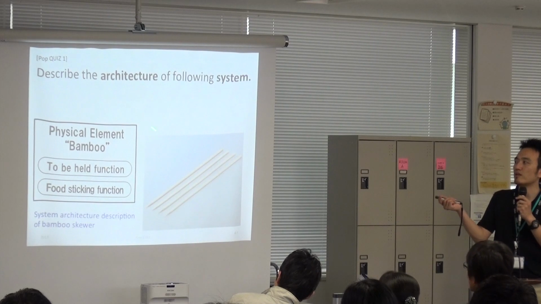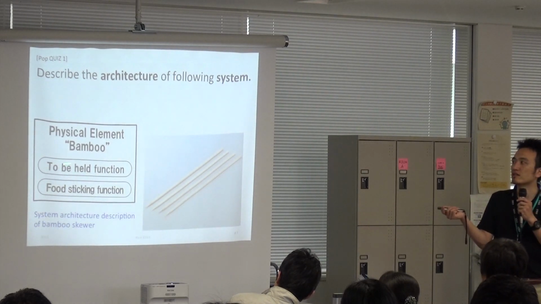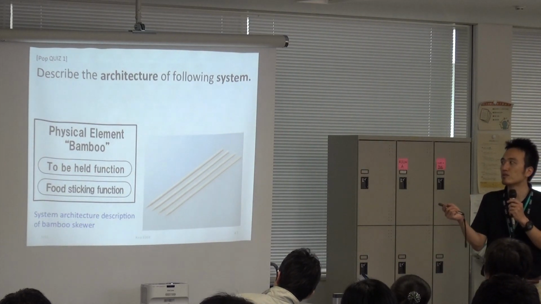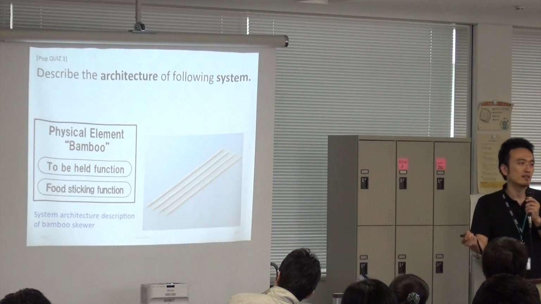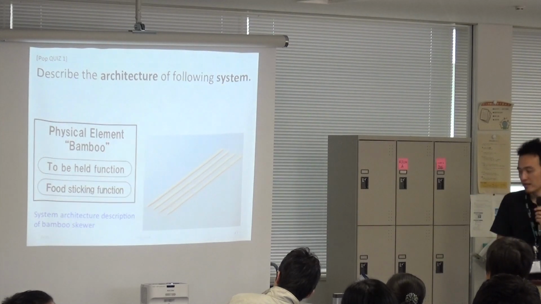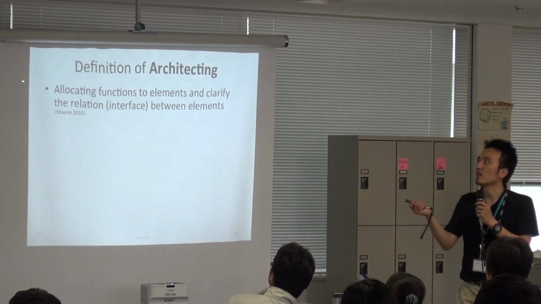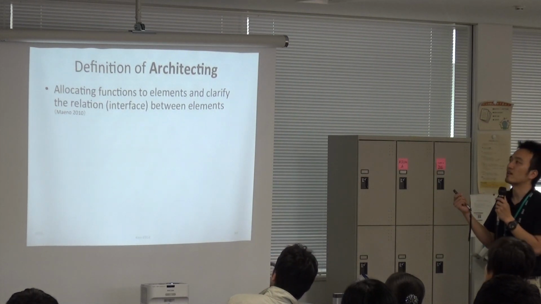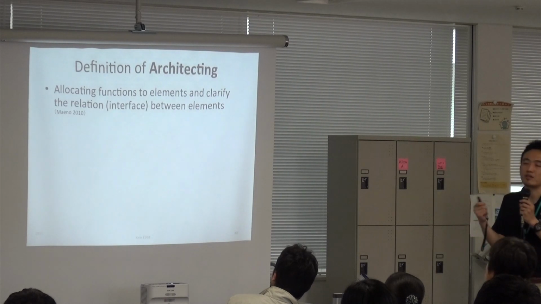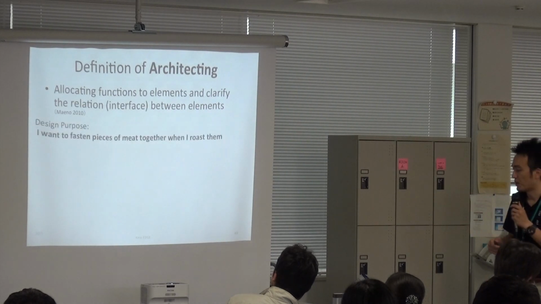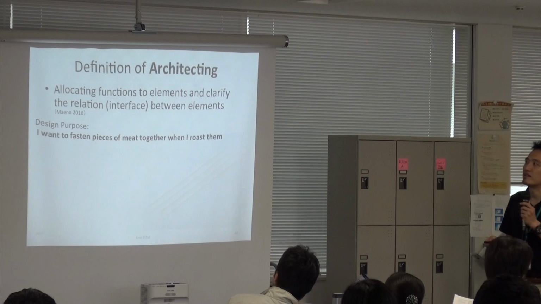So there is a physical element, bamboo, and then there is a to be held function, and then the food sticking function allocated onto it, okay? So the definition of architecting is allocating functions to elements and clarifying the relation or the interface between the elements. Very simple.